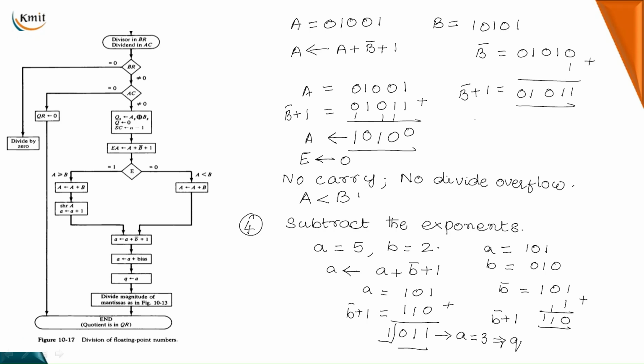So before going for the next step, in this step we have subtracted the divisor from the dividend. So your dividend which is stored in A becomes 10100. We have done this step to check the value of E flip-flop.